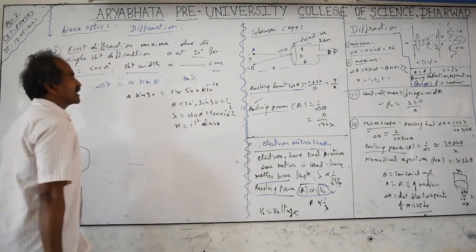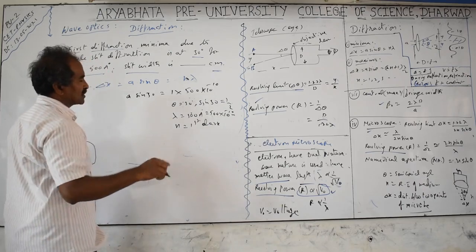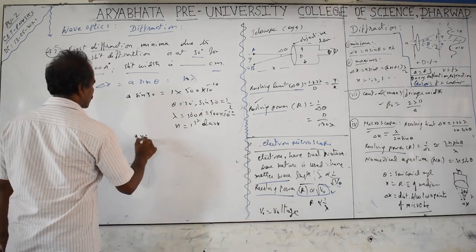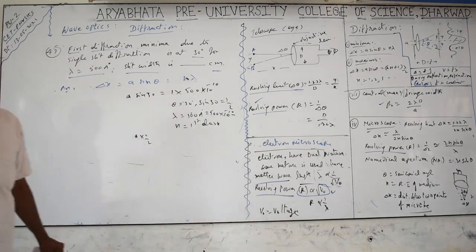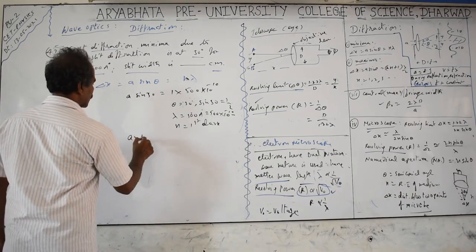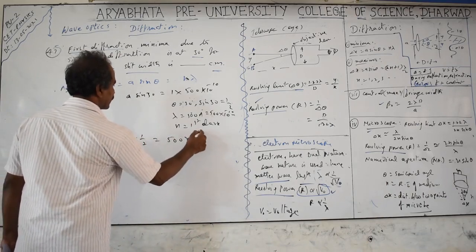Here n equals 1 for the first dark fringe, the first minima. They will call it the second order minima, but leave that order number; don't consider the secondary word. Sin 30 is half. So A into 1 by 2 equals 500 into 10 to the power of minus 10.